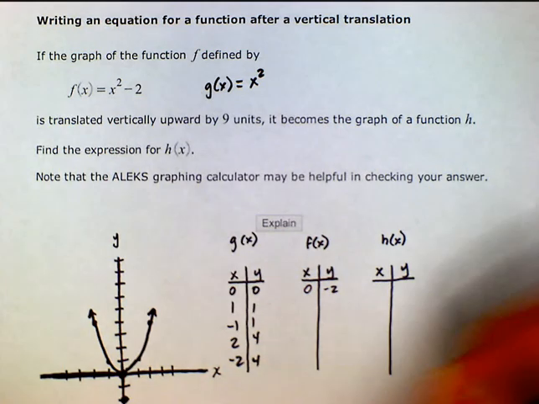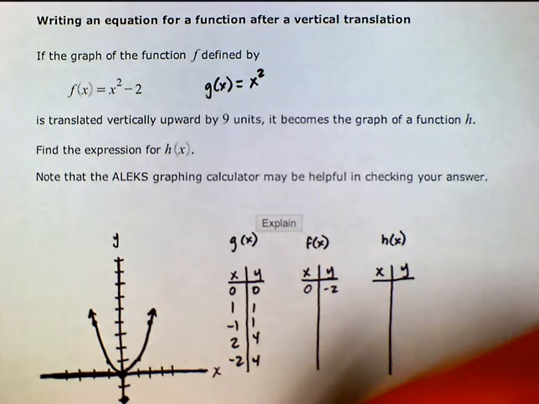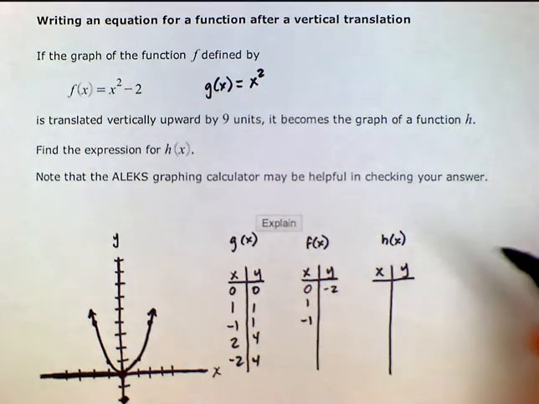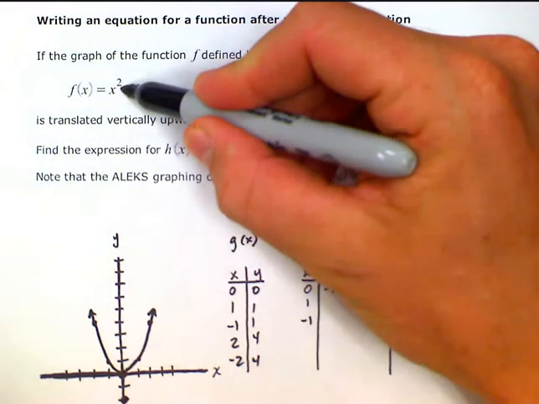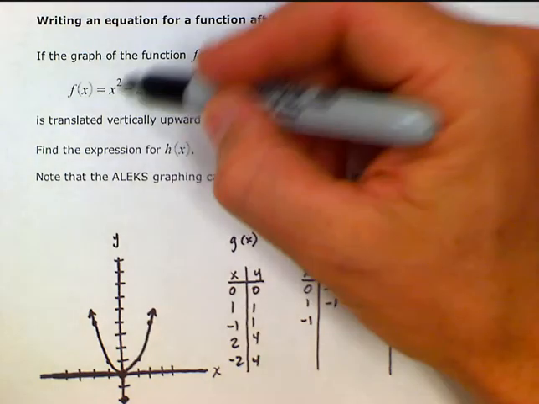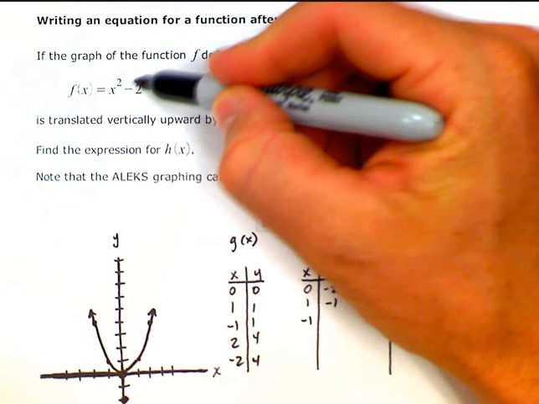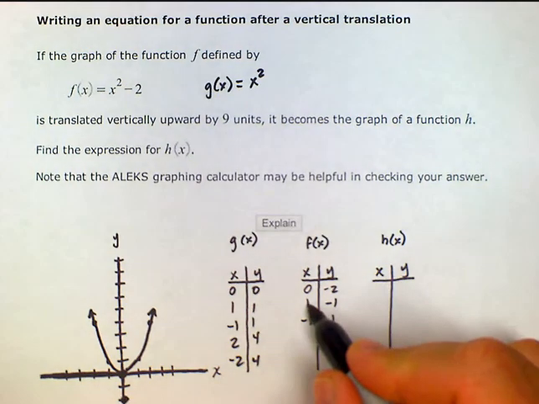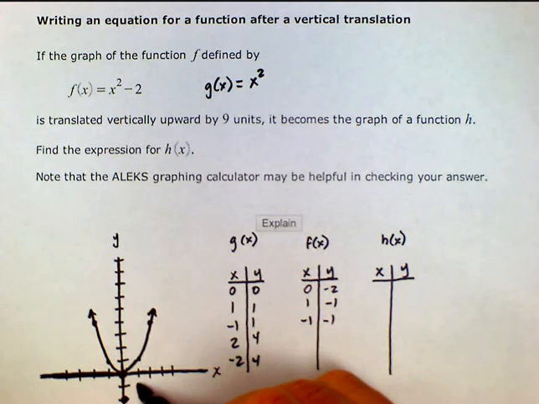And let's make sure it still has the same general shape. If we plug in 1, 1 squared is 1, 1 minus 2 is negative 1, and negative 1 squared is 1, 1 minus 2 is negative 1. So at 1 and negative 1, we're down 1.